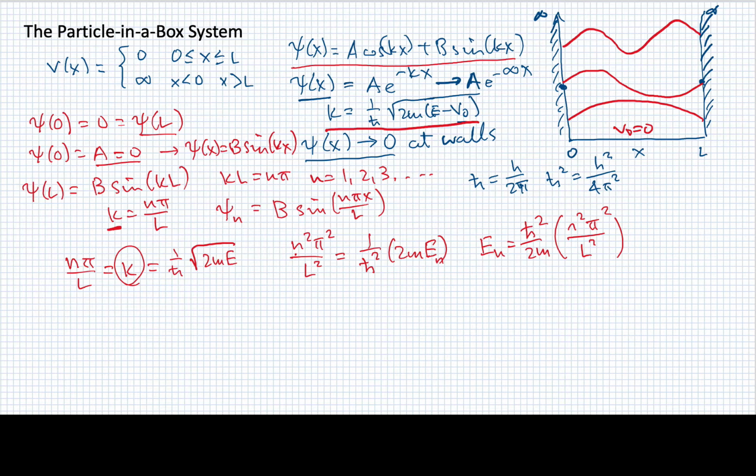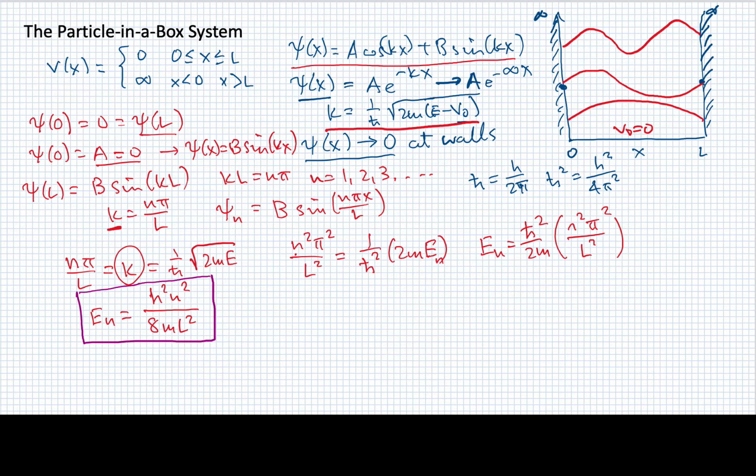So the pi squareds there would cancel. I'll get a factor of 4 in the denominator. So when I finish working all of this out, I'll end up with a result that looks like this: that the energy levels are equal to h squared n squared over 8m L squared. And that, in fact, is the final result for the energy levels of the particle in a box.